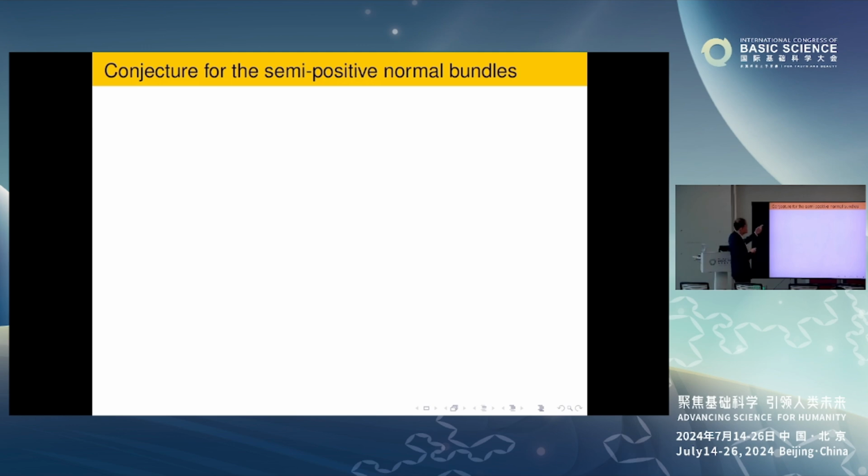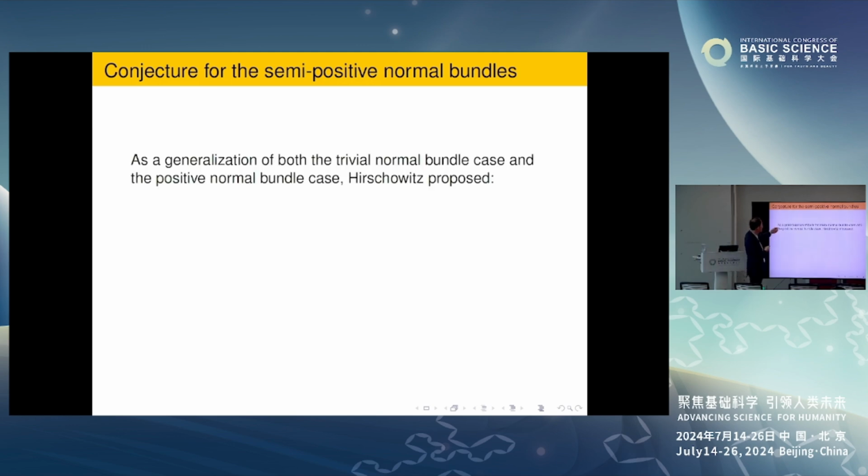And then Hirschowitz made the conjecture, which generalized both the trivial normal bundle case and the positive normal bundle case.